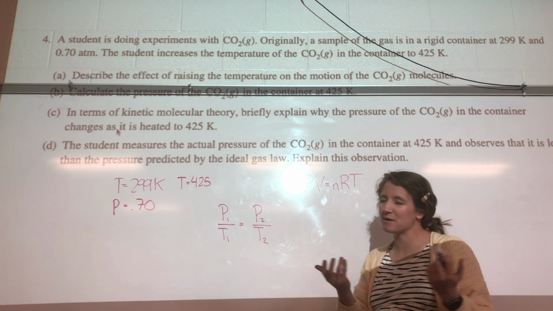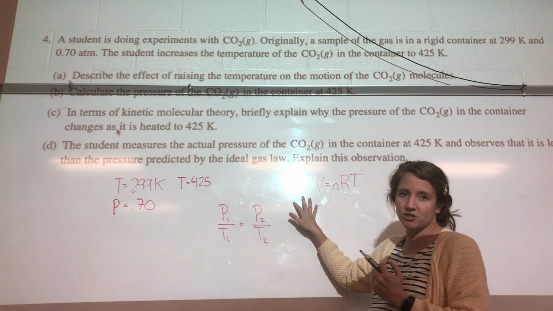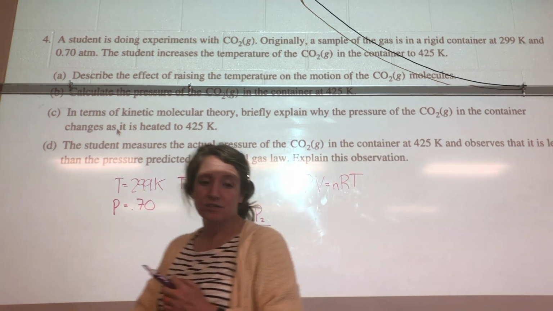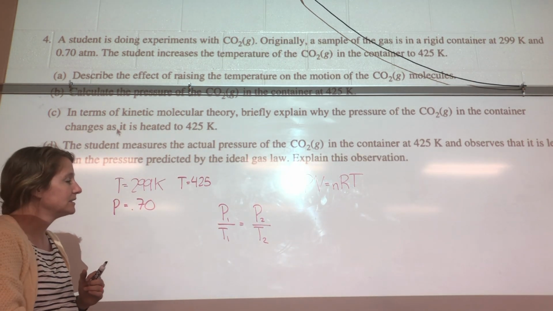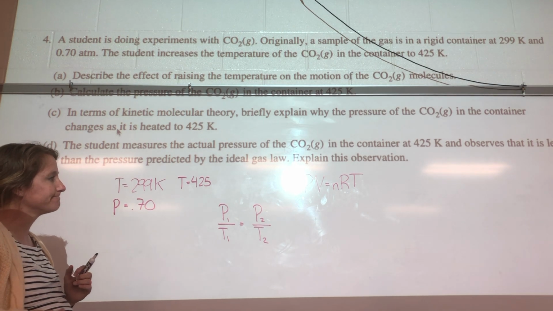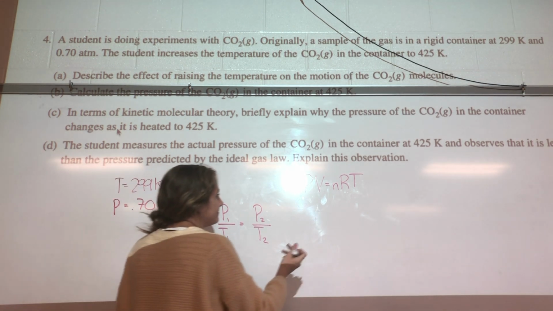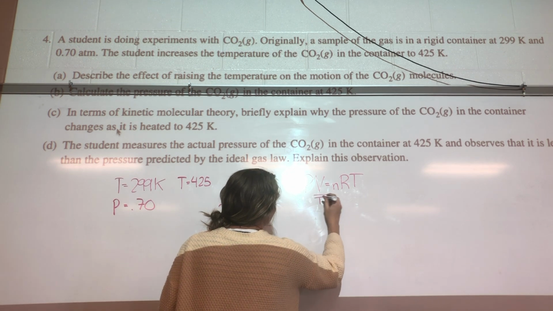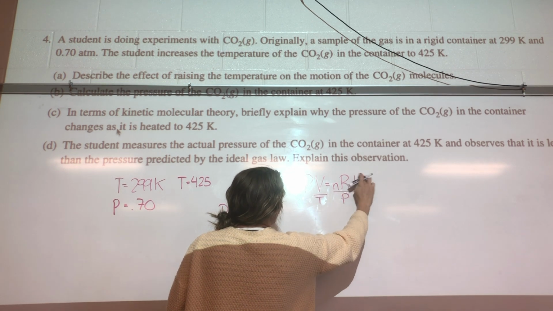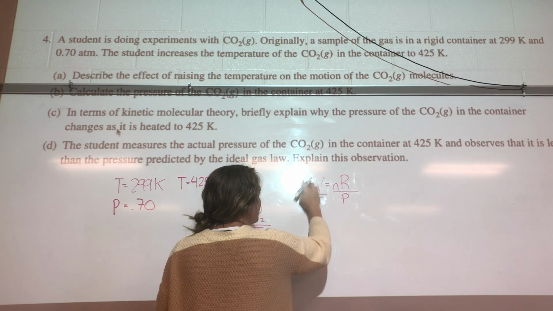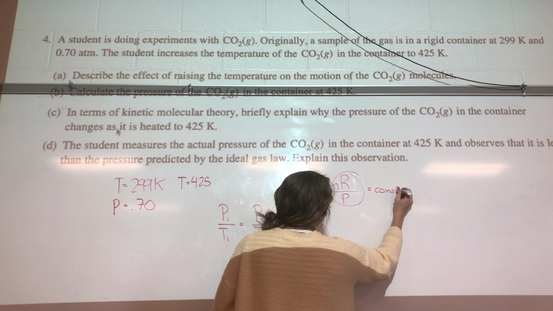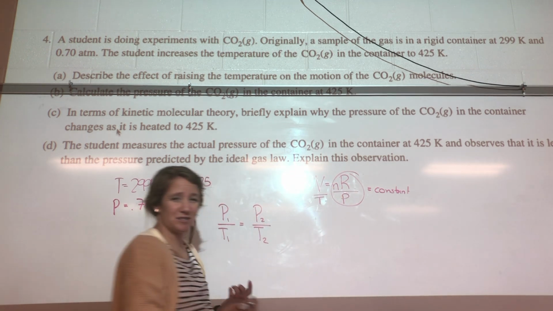I guess here's maybe a better way to think of it: move everything that's not changing to one side and then move what is changing to the other side. I don't know if that helps at all, but in a sense, then we would have V over T equals nR over P. And we know since these aren't changing, they're going to be constant. And so then that's how you would get your equation.